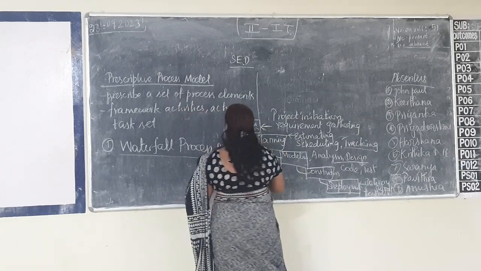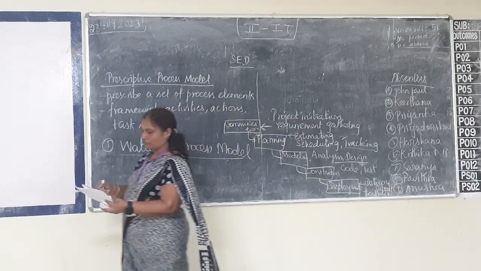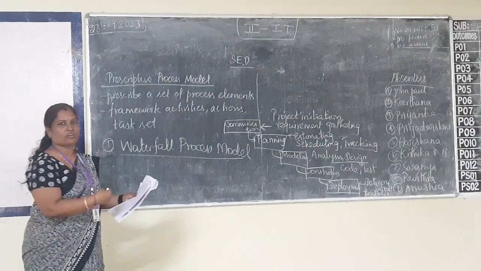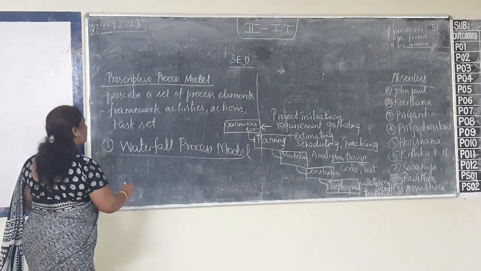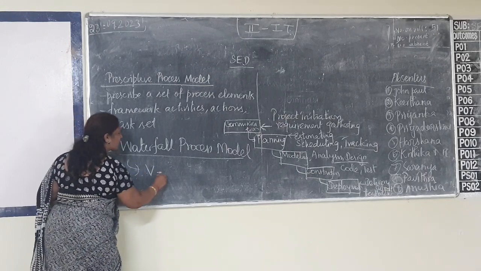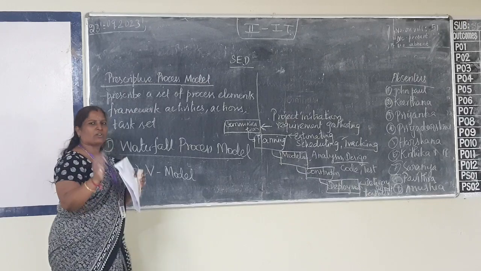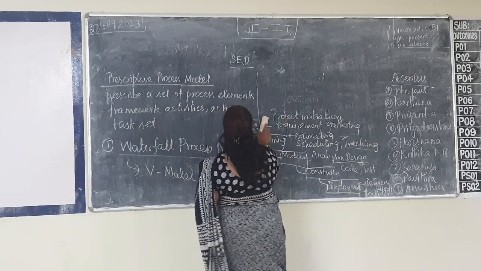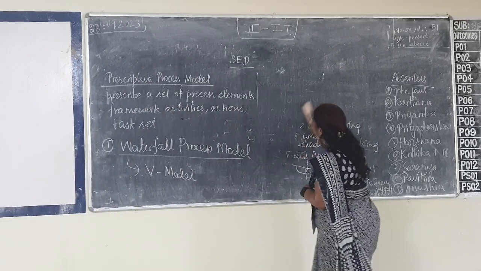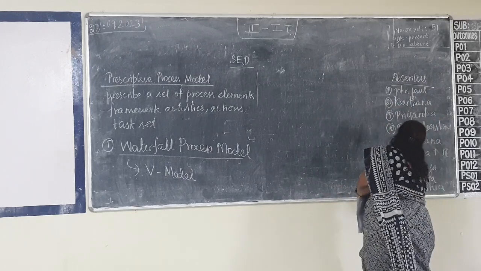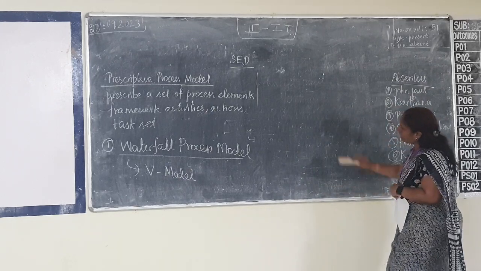We will move on to the next method. There we can make a slight modification, a variation on this, which will give a model called the V model. Why is it called the V model? It will look like a V. So a variation on the waterfall model will give us the V model.